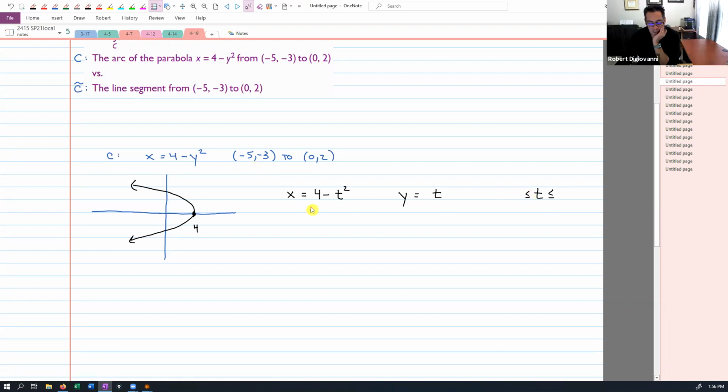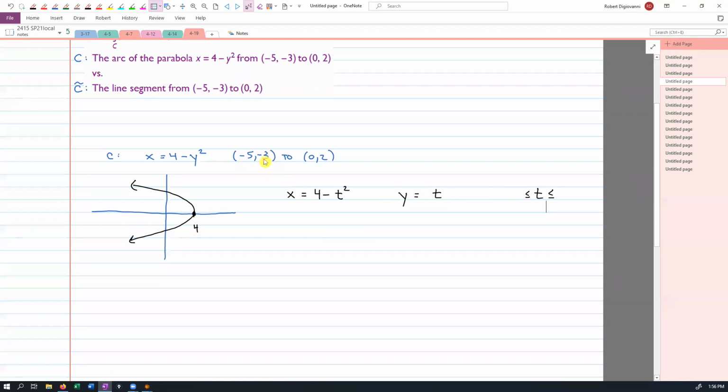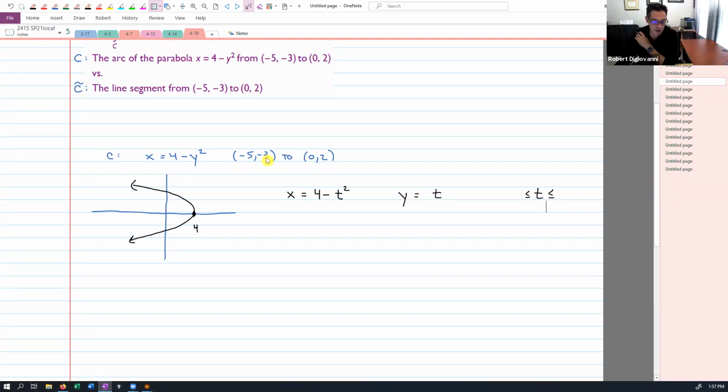Oh, you mean, is it just this y value right here? Yes. Because y is t, you can just look at the y value. Yes, for this particular problem. I thought you were asking me more in general. I'm sorry. That is correct. If t is -3, you plug -3 in here, you get 9. 4 minus 9 gives you -5. That's this. And then, of course, y is -3.